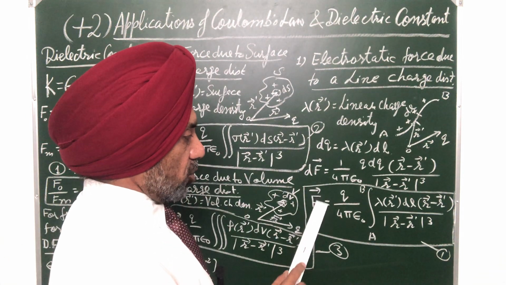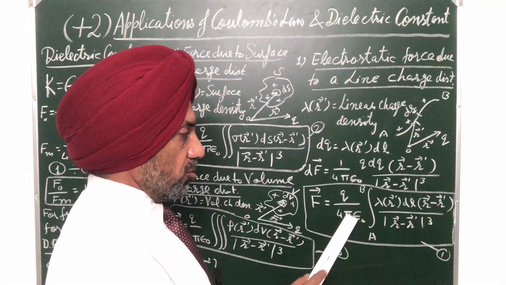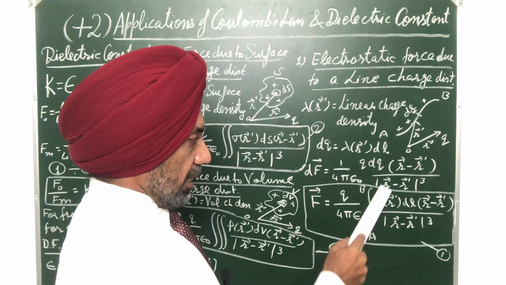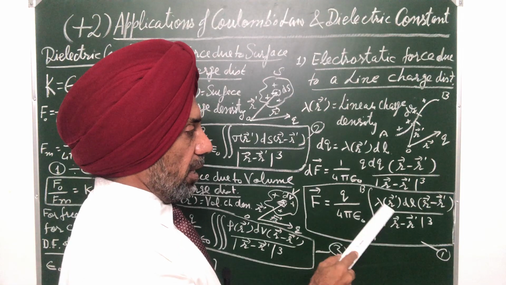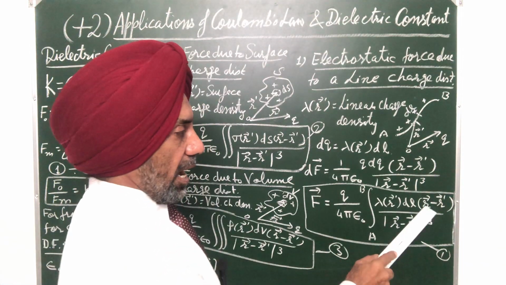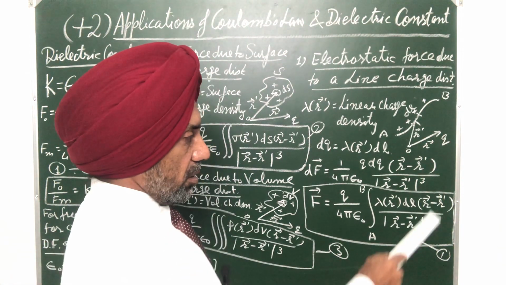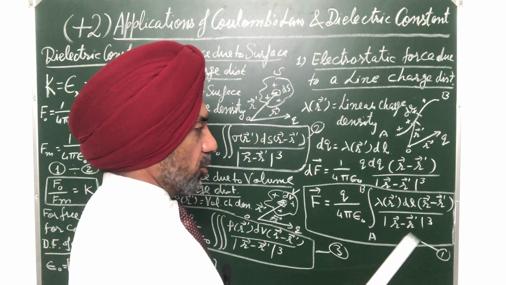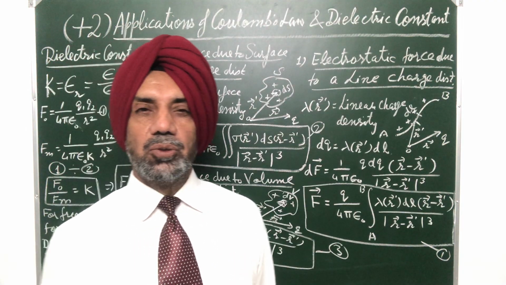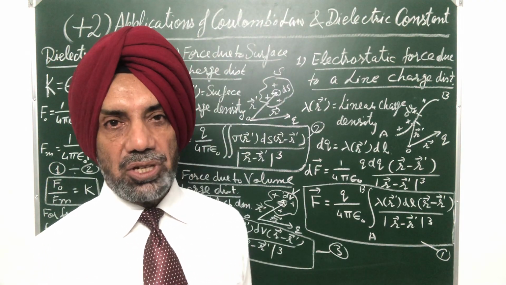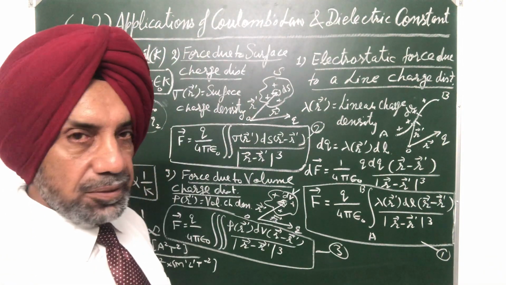So the total force vector F is equal to q upon 4 pi epsilon naught, line integral from A to B, lambda r dash dl, instead of dq, times (r minus r dash) over mod of (r minus r dash) cubed, as written above. This expression gives the electrostatic force due to a line charge distribution at a point.